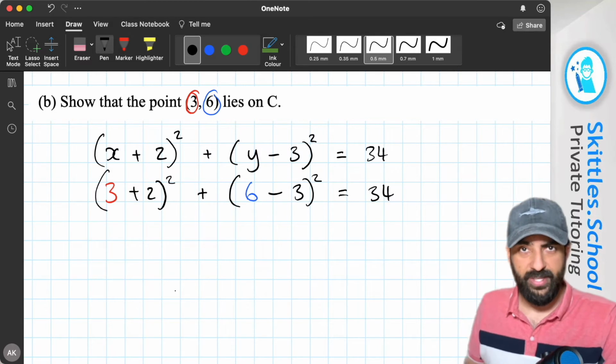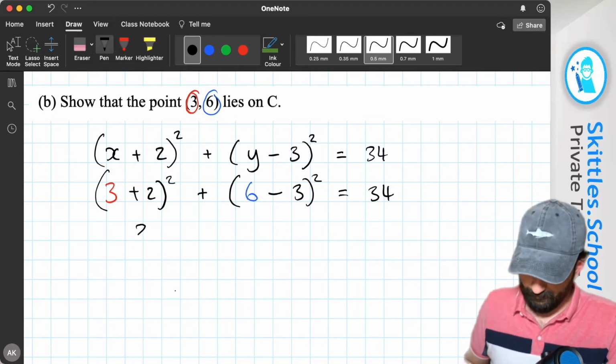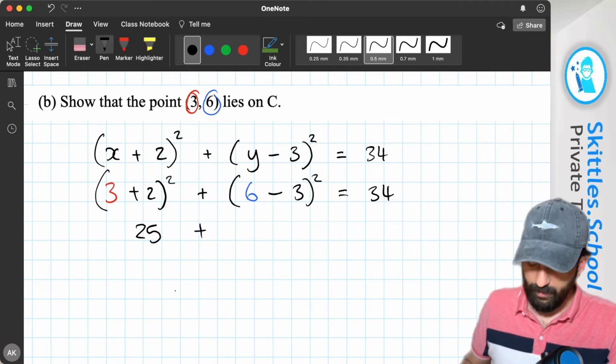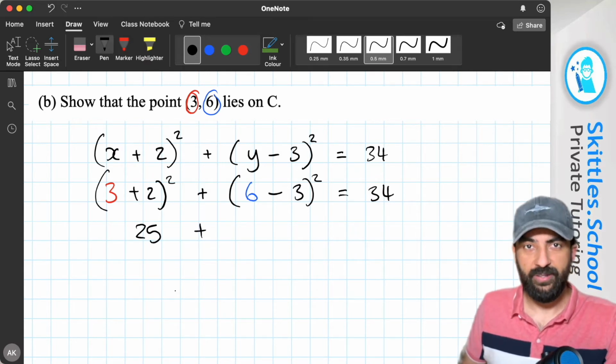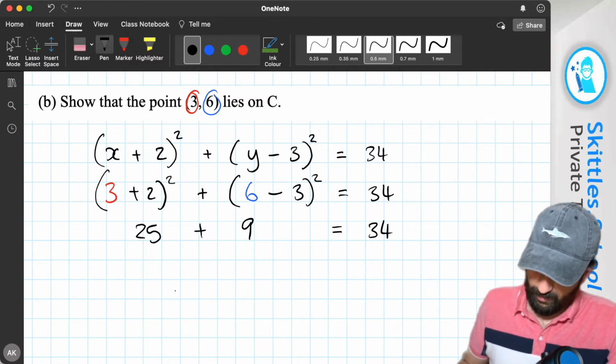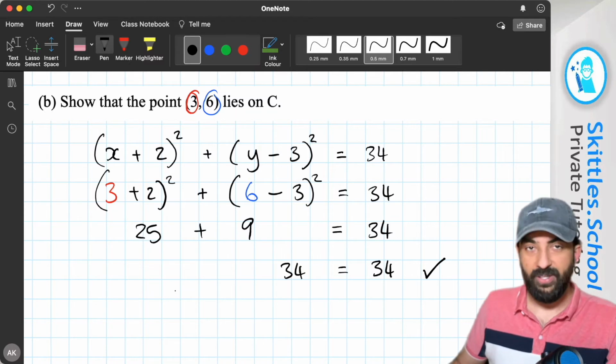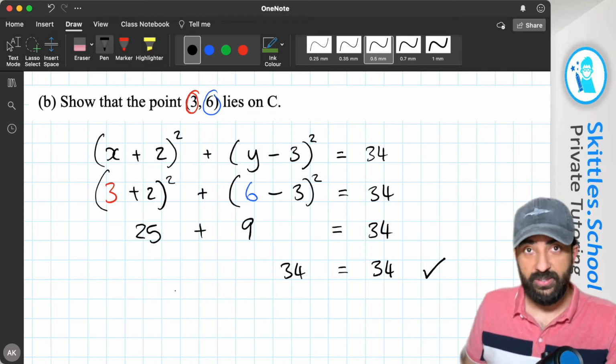And let's work this out. So 3 plus 2 is 5, squared is 25. 6 minus 3 is 3, squared is 9. And 25 plus 9 is 34, which does equal 34. So we've proven that the point 3, 6 is on the circle.